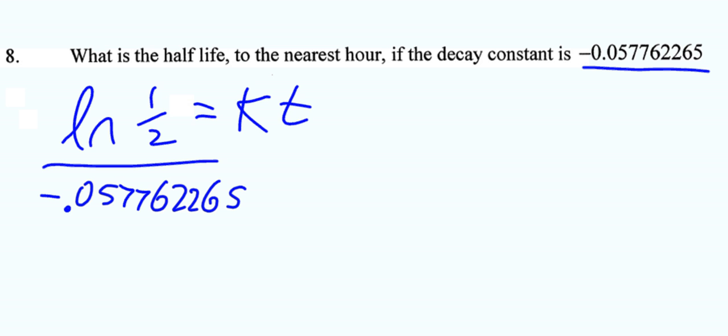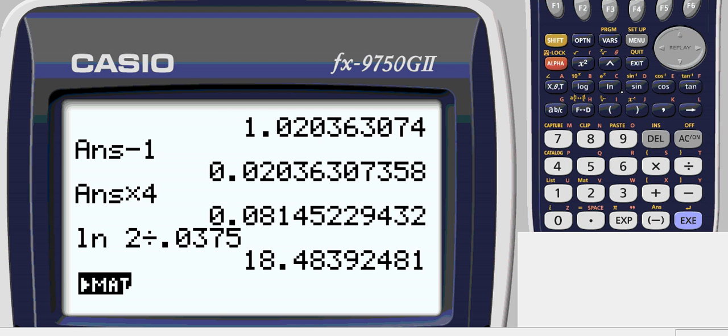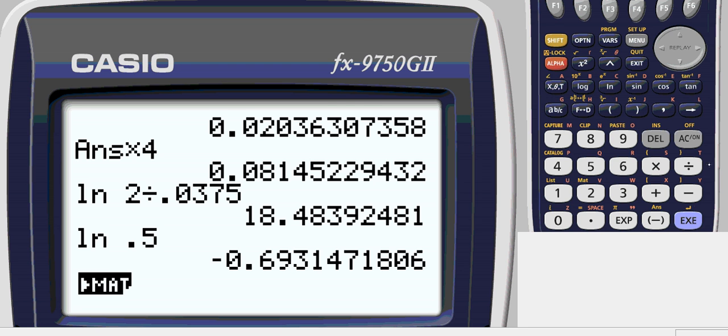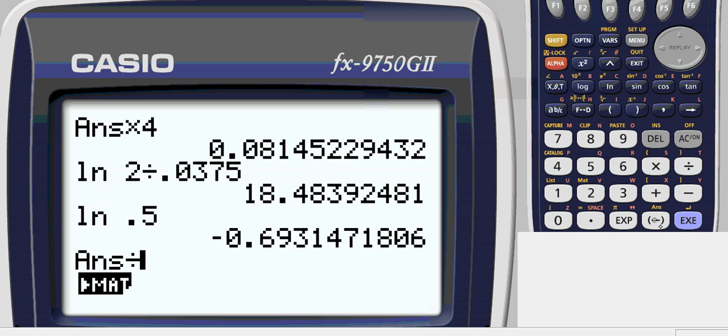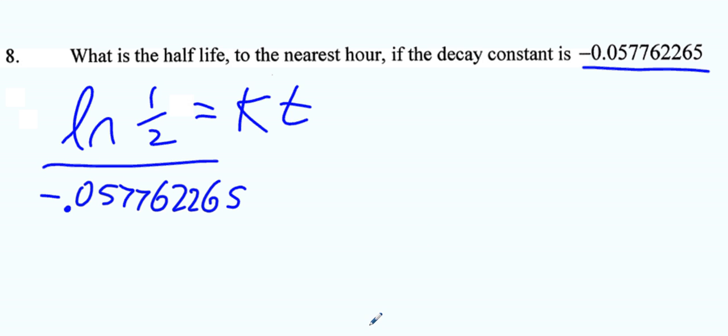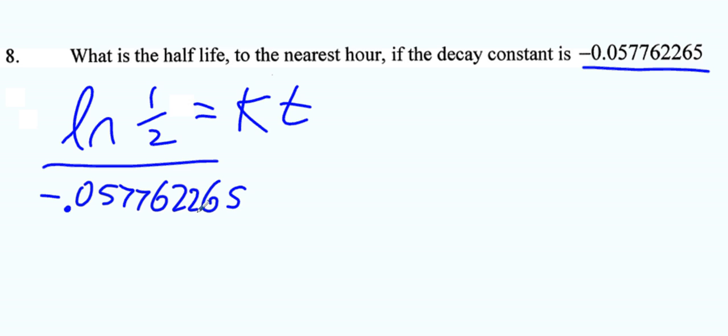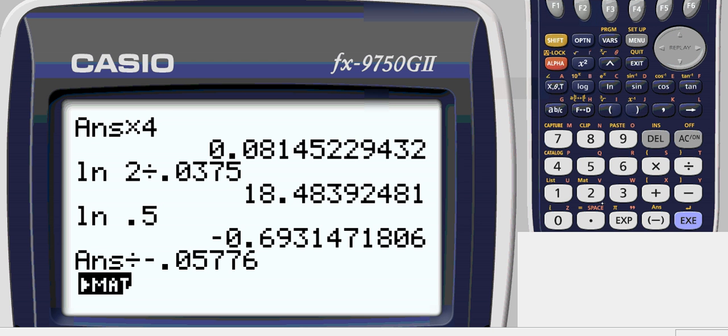So natural log of 1/2 divided by a negative 0.05776.